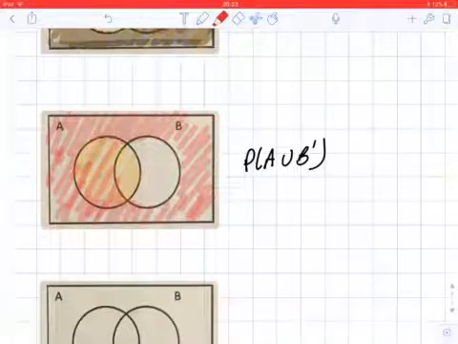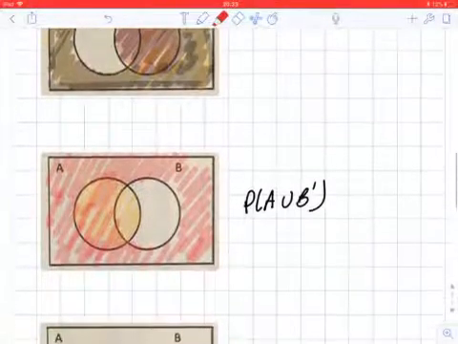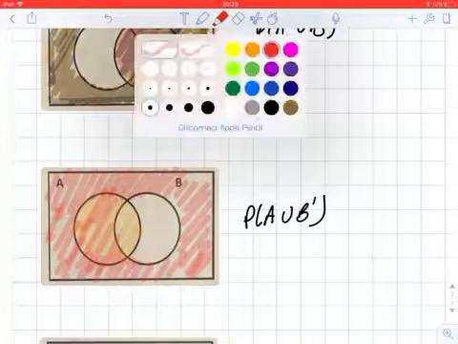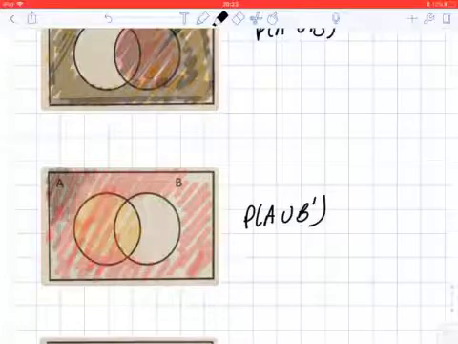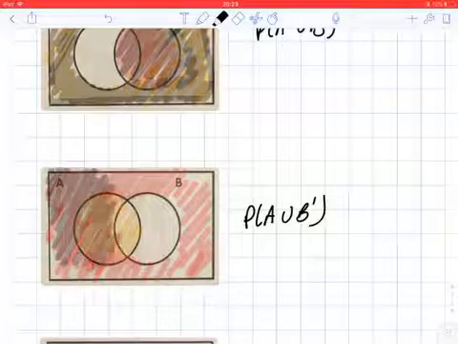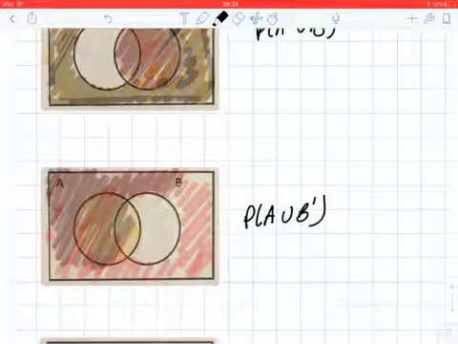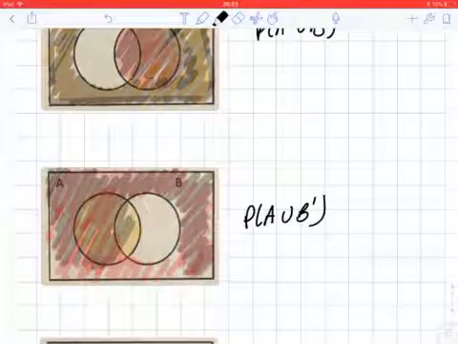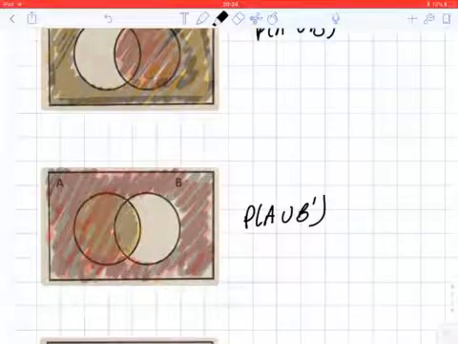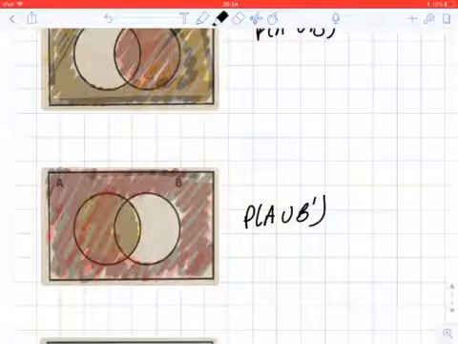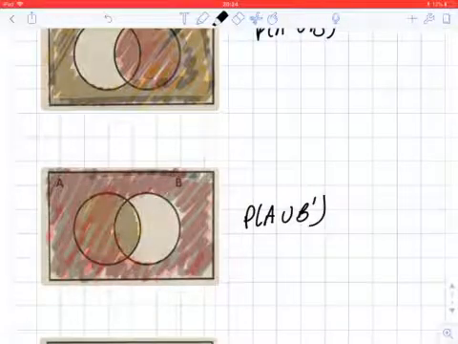And because this isn't an intersection, this is an OR, I can have either or. So in this case, if I was going to shade in A ∪ B', I would just colour in everything that's been shaded in on the Venn diagram. So that's everything outside that little area that is just B itself. Okay, so there's my A ∪ B'.